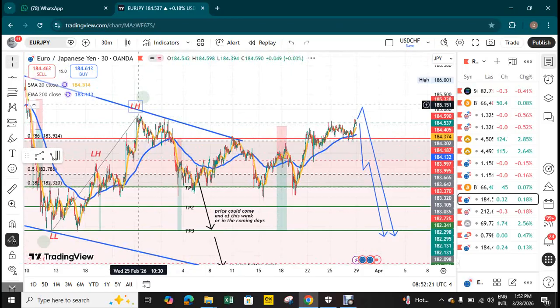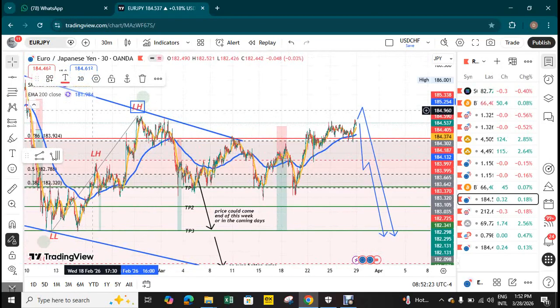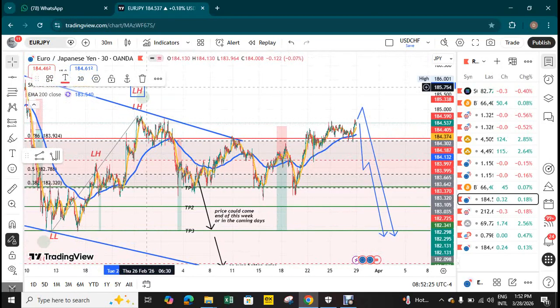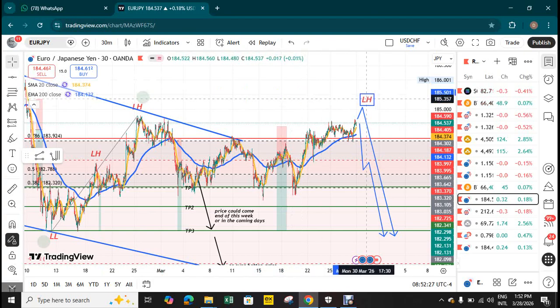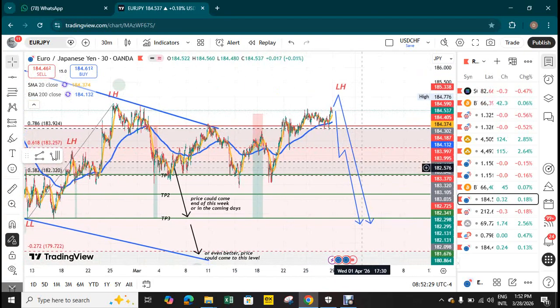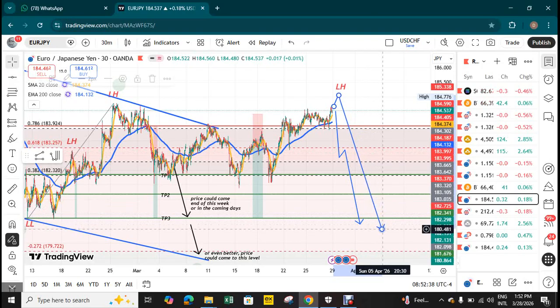So now we want to see this. We see a lower high here. We want to see price give us a new lower high here. I want to see price come down from here into a golden zone. We look for a criteria, we take an entry to the downside, and voila, we are down.